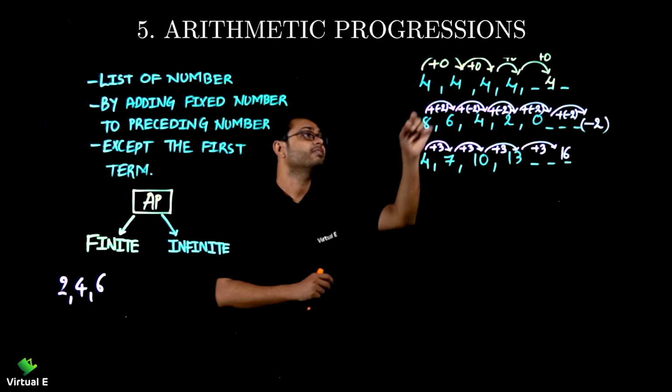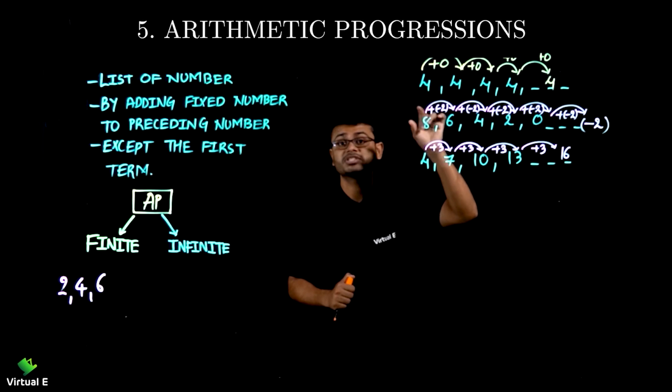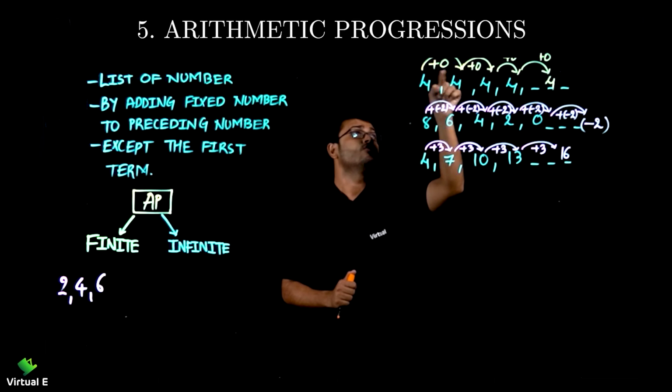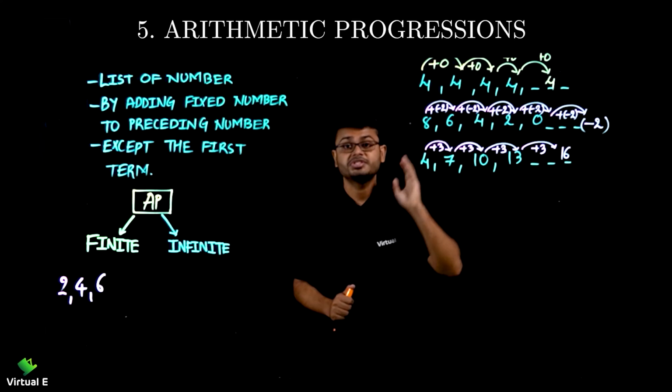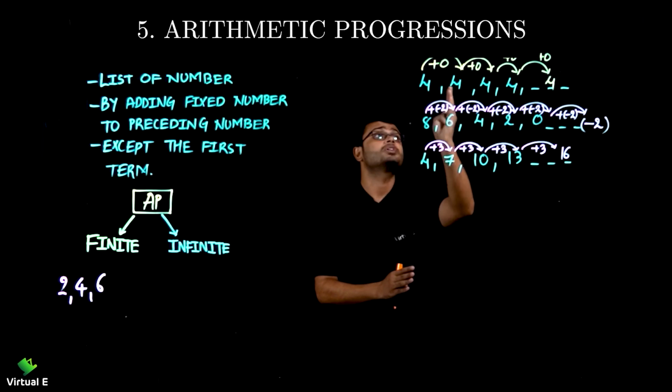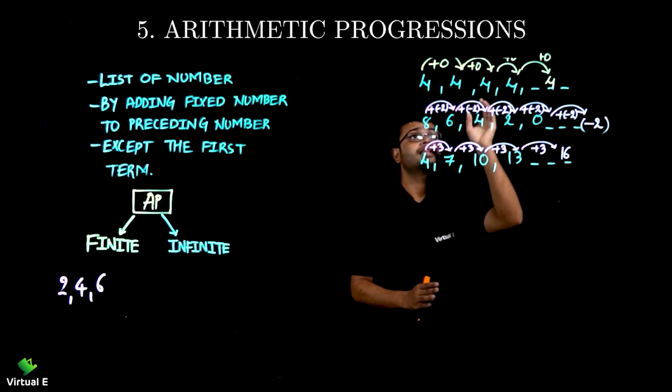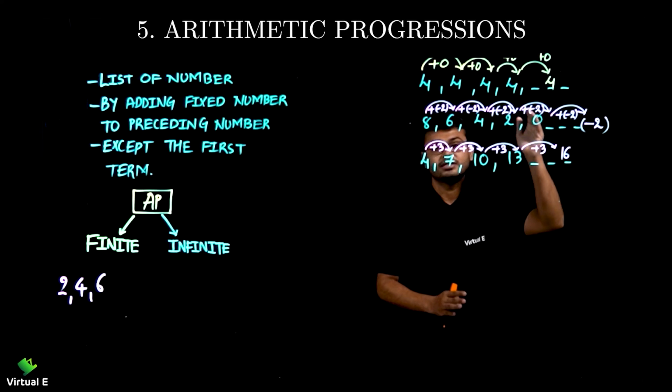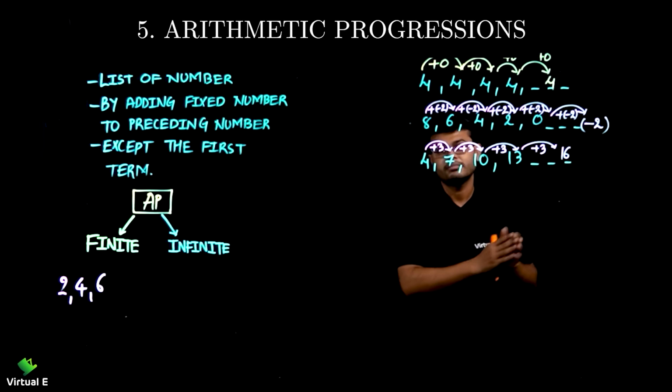It doesn't mean that if it is not increasing or decreasing, it is not an AP. You are adding a fixed number, which is 0. 0 is also a number, we classify it as a number, right? So 0 is also a fixed number that we can keep adding to get the new term.